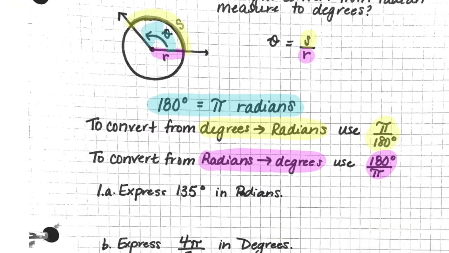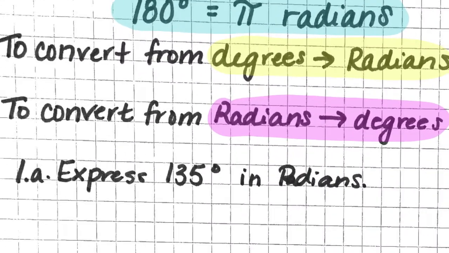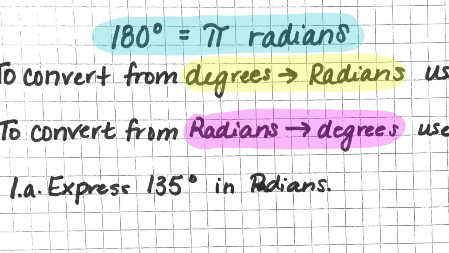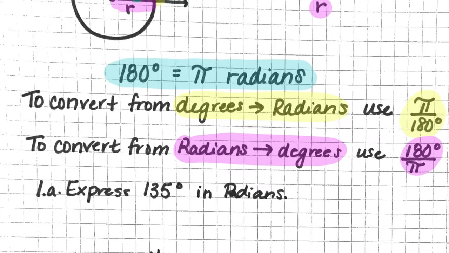So the first question says express 135 degrees in radians. Well, let me show my little work up here. In yellow, it says in order to go from degrees to radians, we're going to multiply by pi over 180. So I'm going to take 135 degrees, and I'm going to multiply by pi, which I'm just going to use as a variable, over 180 degrees.